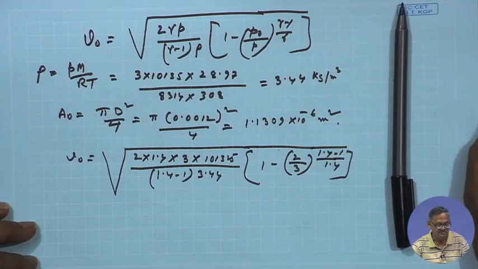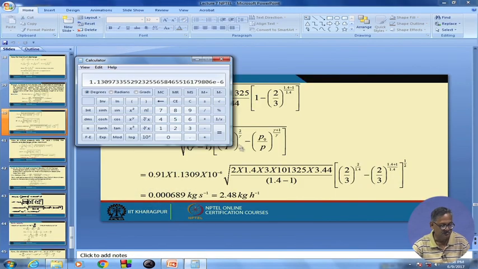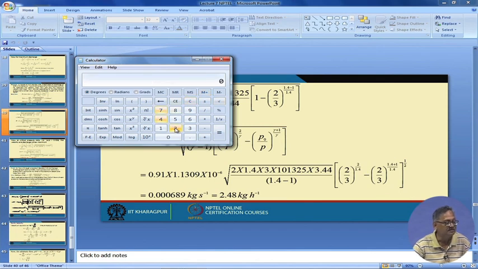So, if we see again through calculation how much it is, it is 2 into 1.4 into 3 into 101325 divided by 1.4 minus 1 into 3.44, right?